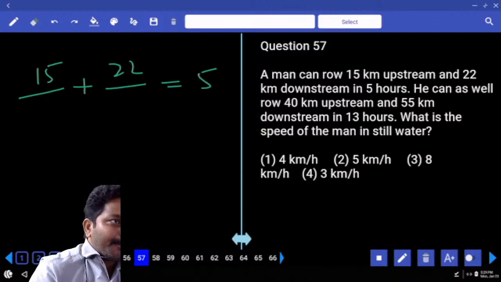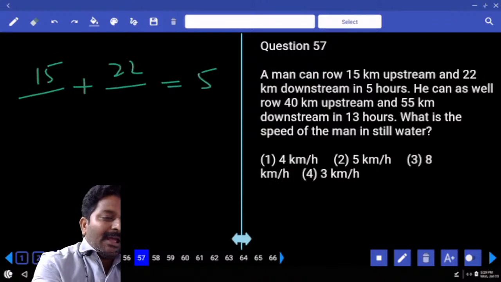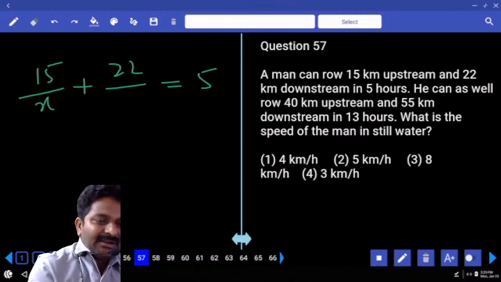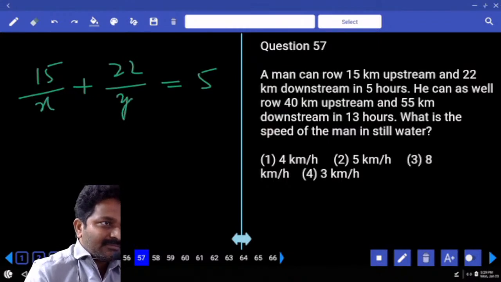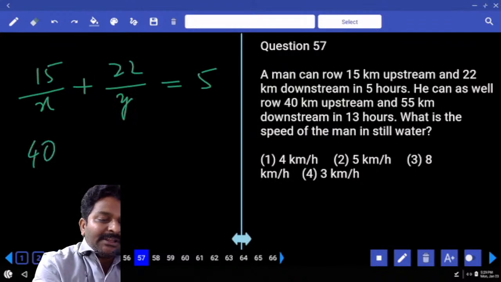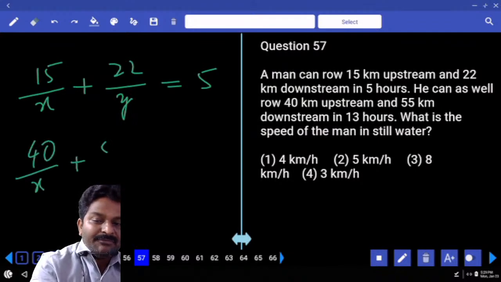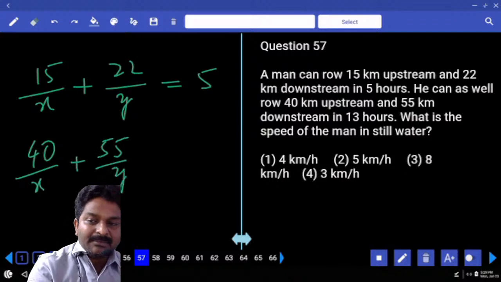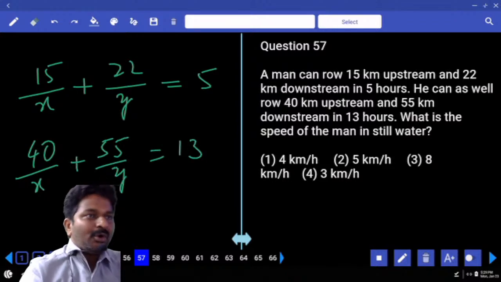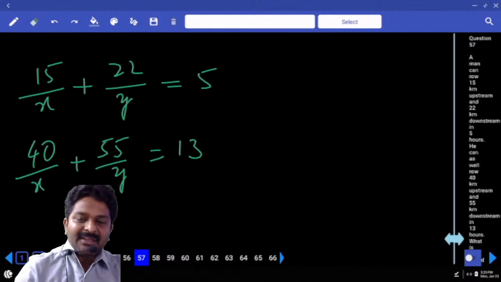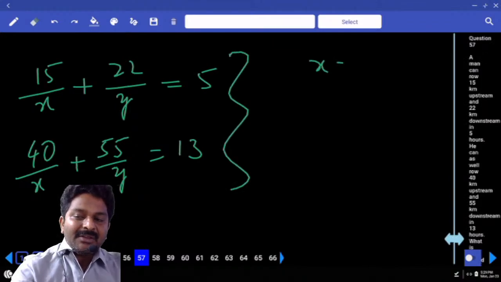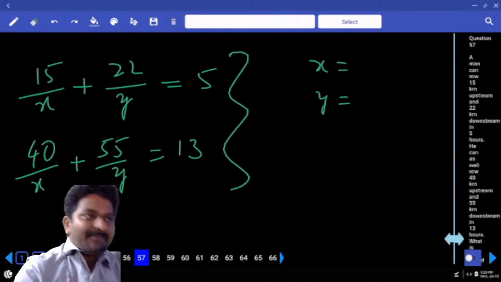I am taking time. 15 kilometers in upstream, upstream I will take as X, downstream I will take as Y. Next case, 40 kilometers covered upstream, 55 kilometers covered downstream, which is equal to 13. 2 equations are there, 2 variables are there. If you solve it, definitely you can calculate X and then Y after 5 minutes.